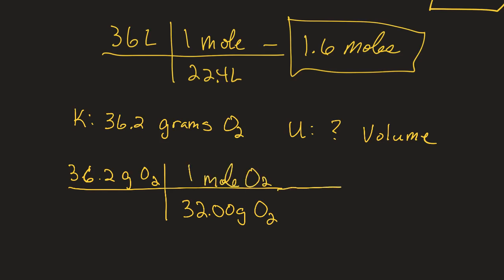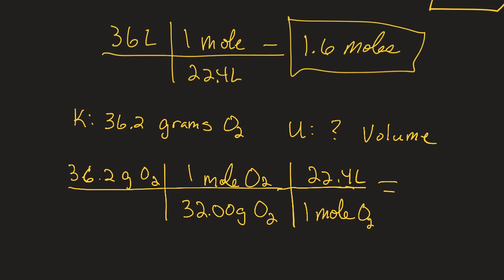Now I'm ready for my next conversion factor. I'm going to liters, so 1 mole of my gas, of any gas, in this case it's oxygen, will take up 22.4 liters. So now I'm ready for my calculator. I've gotten to liters, my ending point.